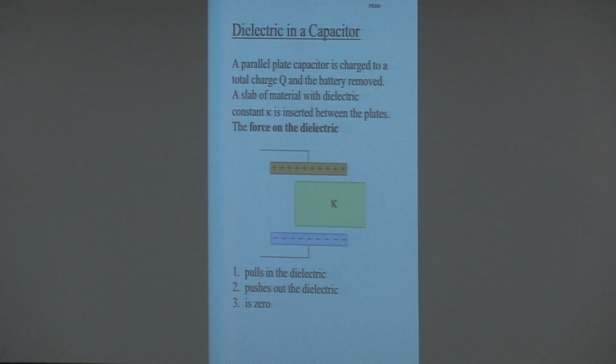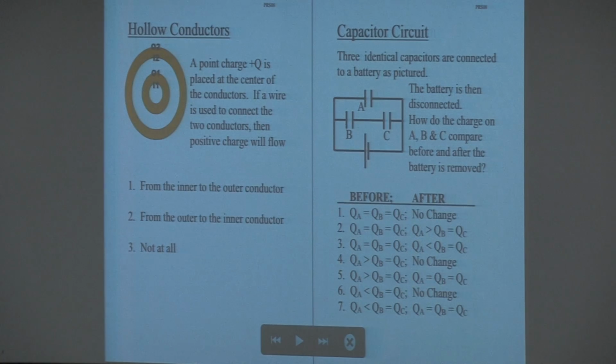This question. So we have the battery. We have 3 identical capacitors. They all have the same capacitances. We connect them to a battery and they are charged. Once they are charged, the battery is disconnected.